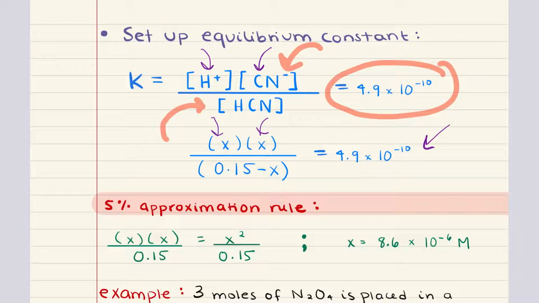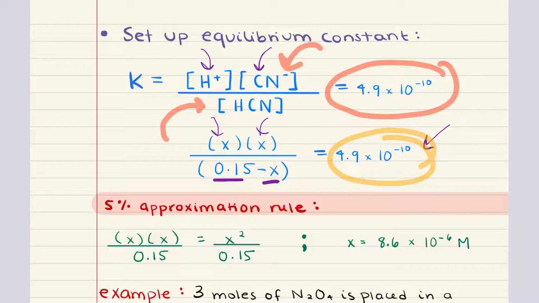The rule essentially states that if the change in concentration X is less than 5% of the initial concentration, then X is negligible. And this is often valid when K is very small or very large, and when the initial concentration is significantly high.